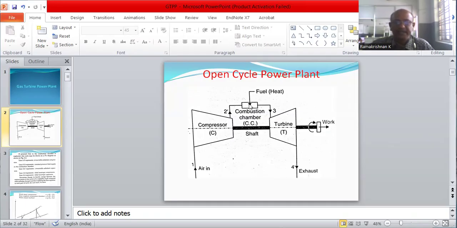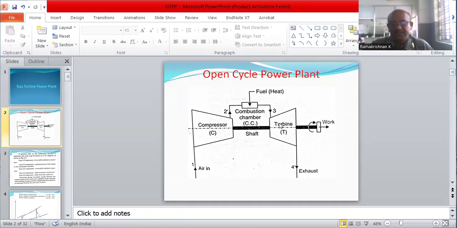By igniting the fuel in the chamber, the air becomes hot gas. Let us assume that the air follows the ideal gas laws. The hot gas goes to the turbine where it expands and the work is extracted.